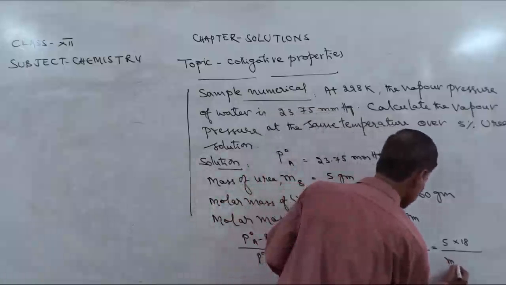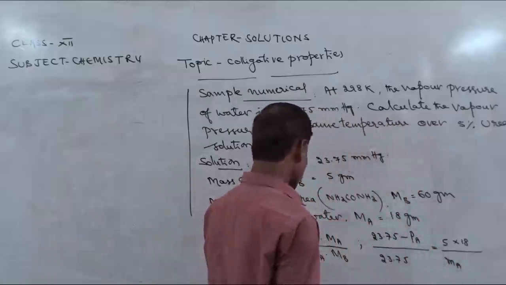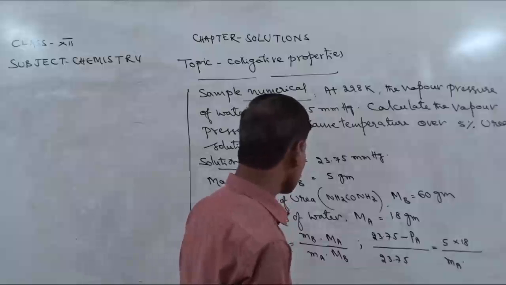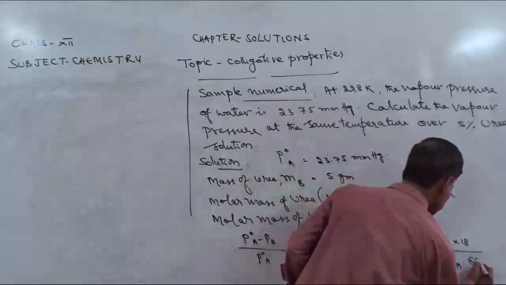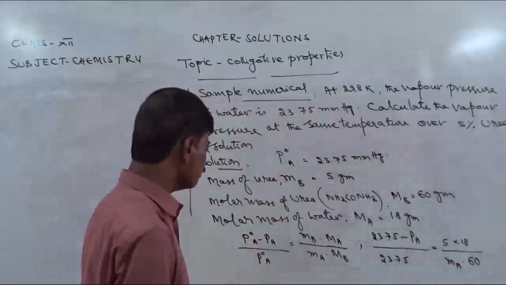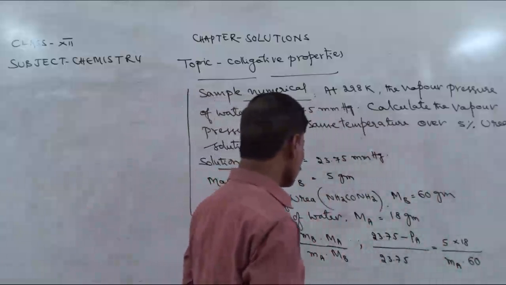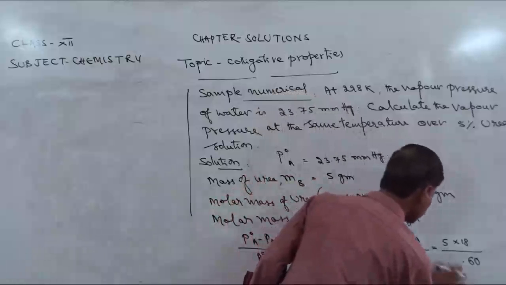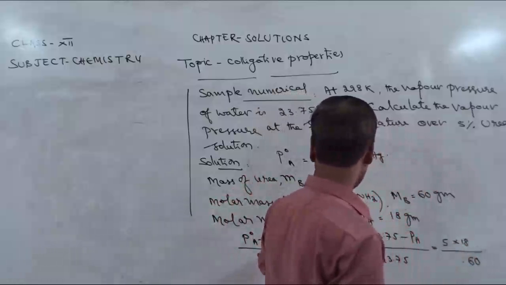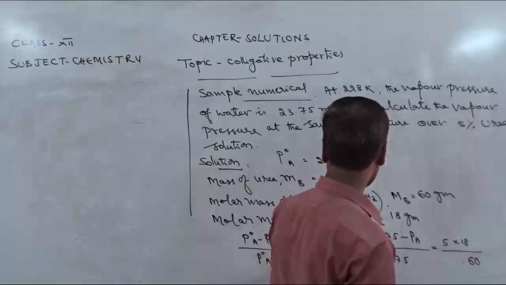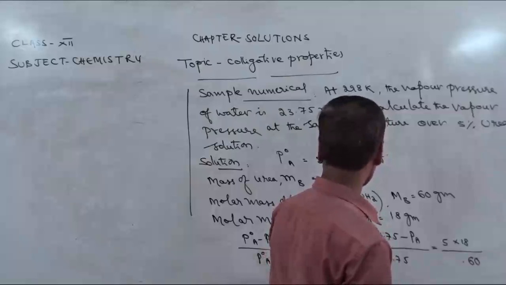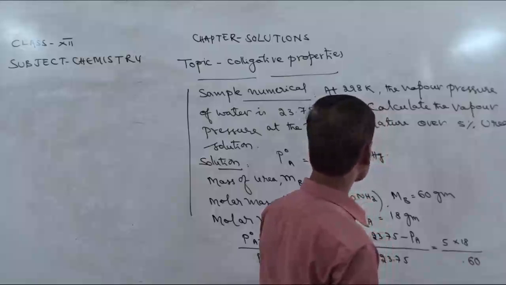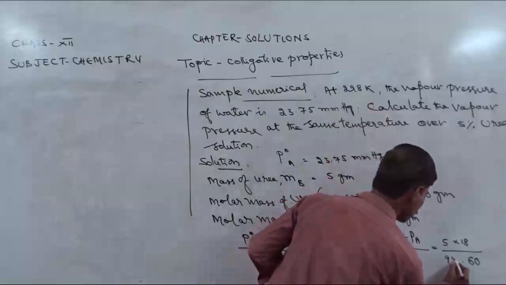We'll write MA multiplied by molar mass of the solute, that is 60 grams. Now if we calculate, in this formula MB is mass of solute, that is 5 grams, molar mass of water 18 grams, molar mass of urea 60 grams, and then mass of solvent, that is 95 grams.